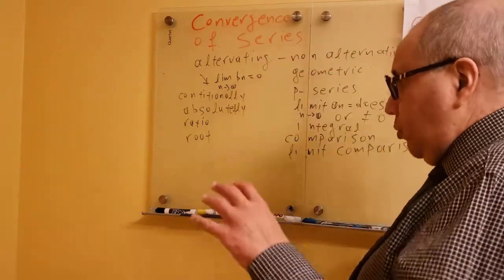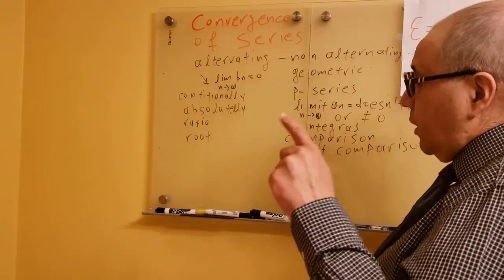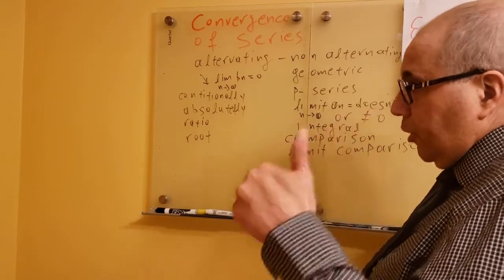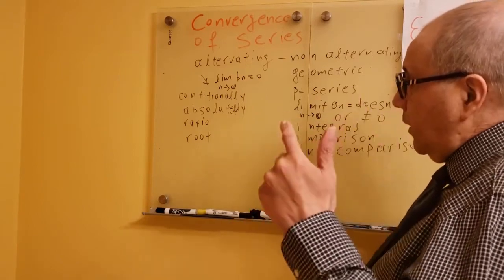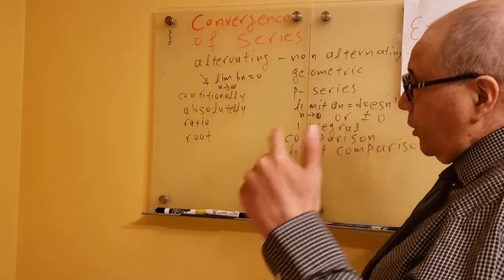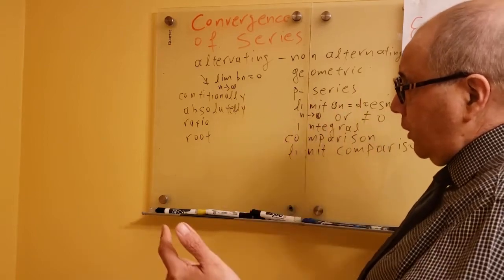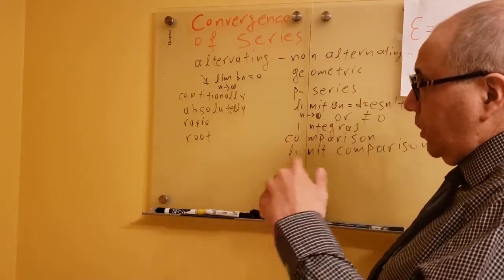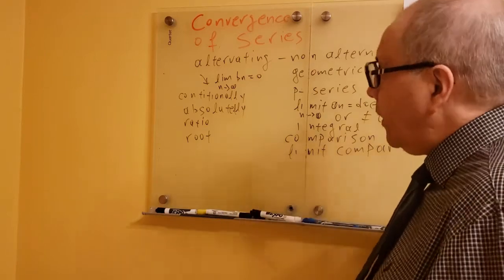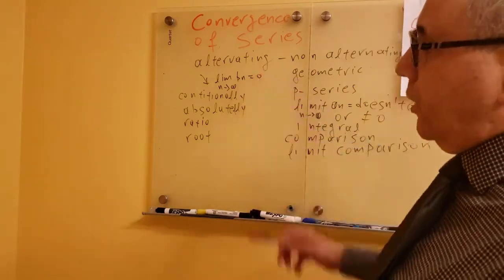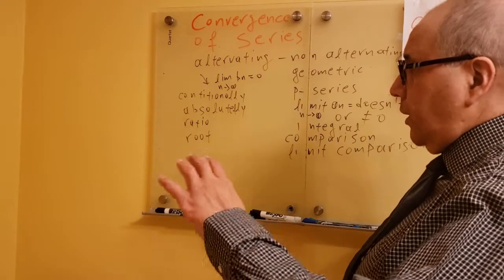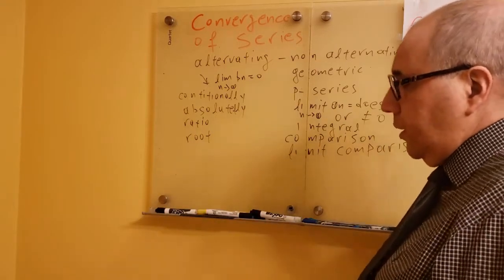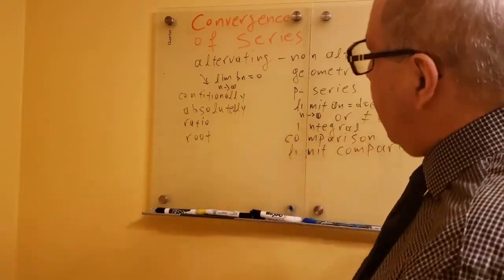Here we have three cases. A series can be diverging, a series can be converging but not absolutely converging, and finally the series can be absolutely convergent. Alternating series are series that have positive and negative terms.